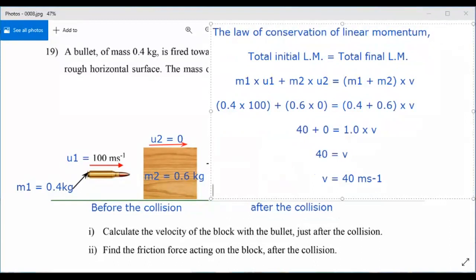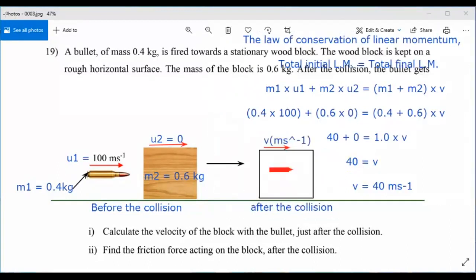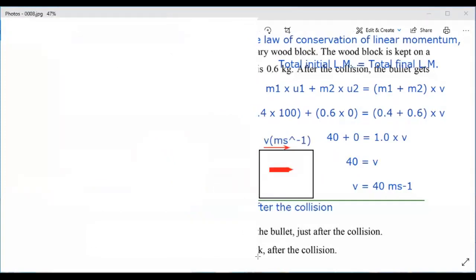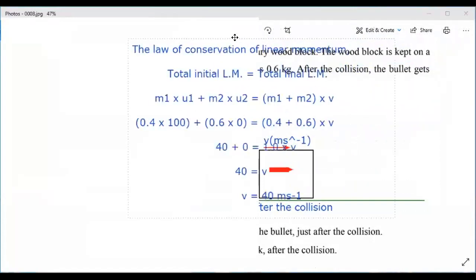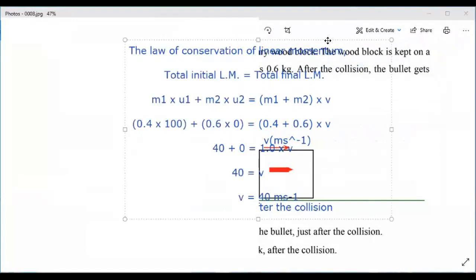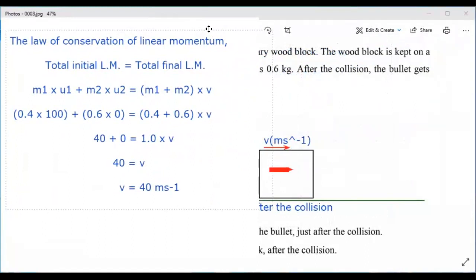So wait, I want some space to draw the figures, that's why. Right, so let me consider this block with the bullet, right?